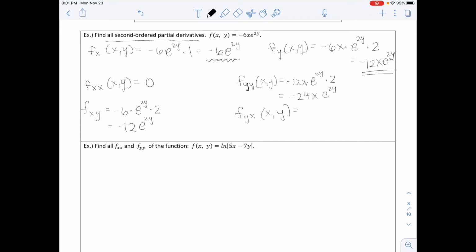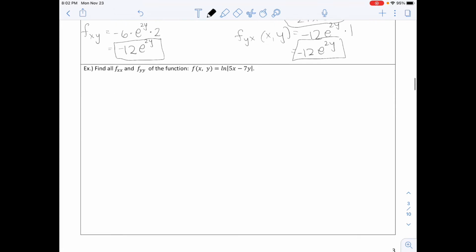So I'm going to go ahead and write down my constant, which would be negative 12 e to the 2y, since it does not contain an x, times the derivative of my variable, which is just x, which is 1. So this works out to be negative 12 e to the 2y. So those are my 4 answers that we have. So we have 4 second order partial derivatives for this problem, and they are all boxed.